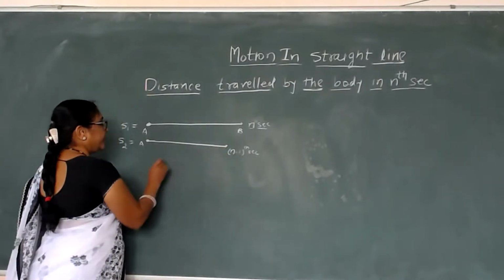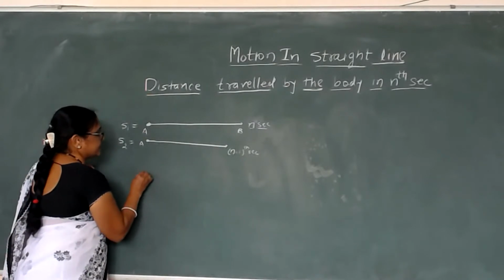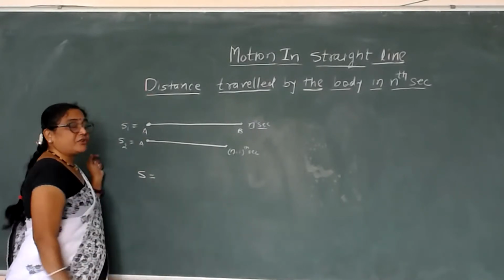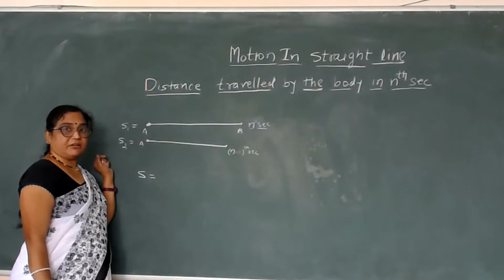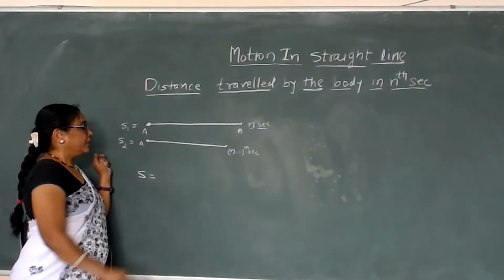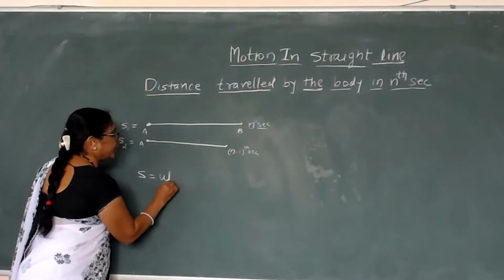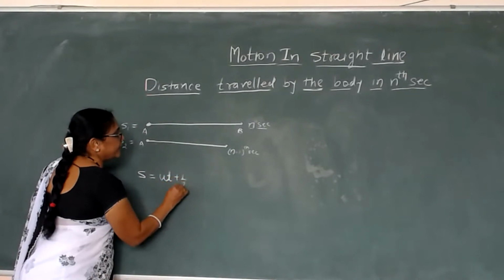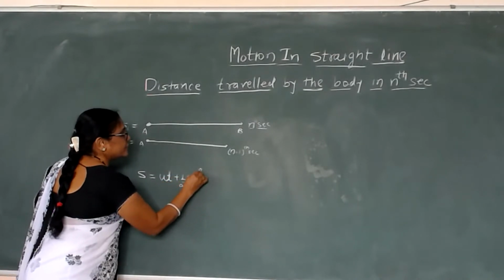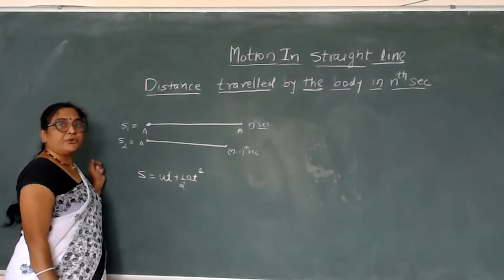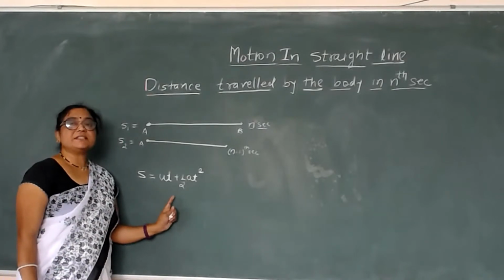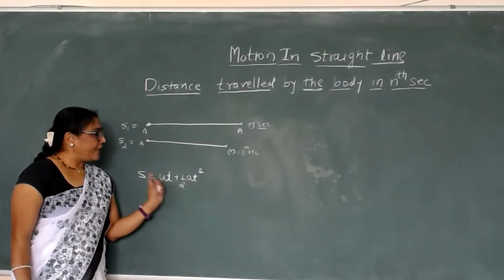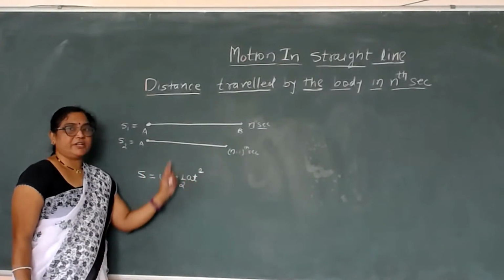So here we don't have the relation for the distance. In the equation of motion by graphical method, we derived the equation s = ut + half at square. So this is a common equation to find the distance covered by the body. So we use this equation here.